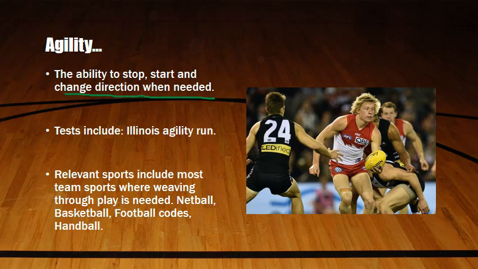Remember, agility is just about being able to stop, start, and change direction whenever needed, and to do it efficiently. So it could be trying to avoid your opponent. It could be trying to get to the ball because the ball's changed direction. It could be trying to cut off someone else who's trying to get to the ball. So have a think about the things that you like to do. Does that involve you switching direction on a regular basis?